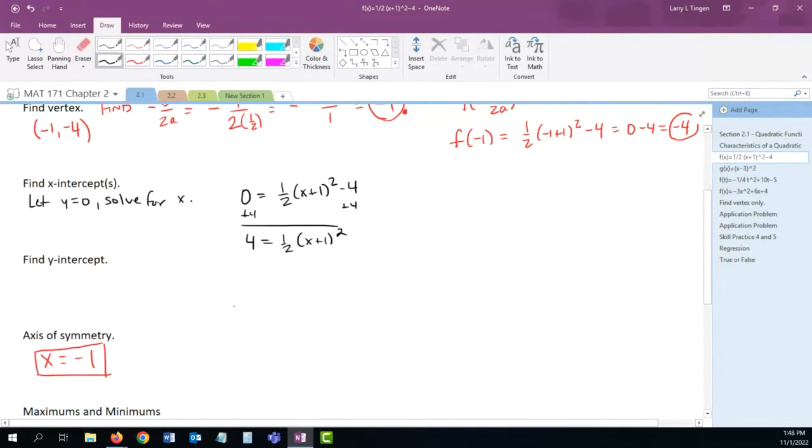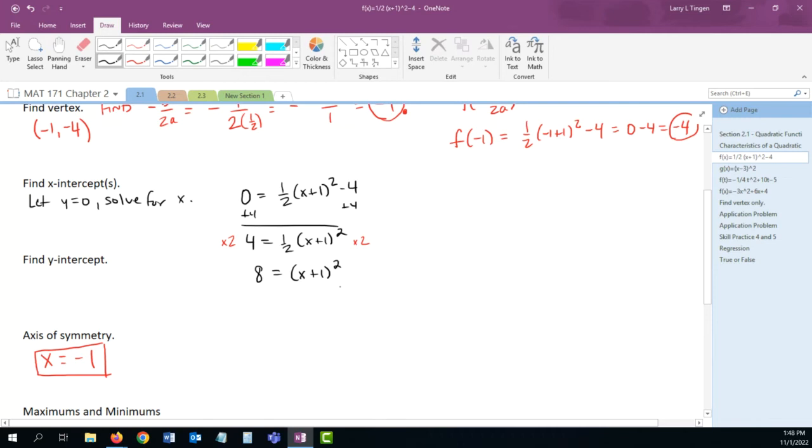I would really like that 1/2 to go away. And I can make that happen by multiplying both sides by 2. If I multiply the right by 2, the 1/2 goes away. If I multiply the left by 2, I get 4 times 2, which is 8. So now I have 8 is equal to x plus 1 all squared.